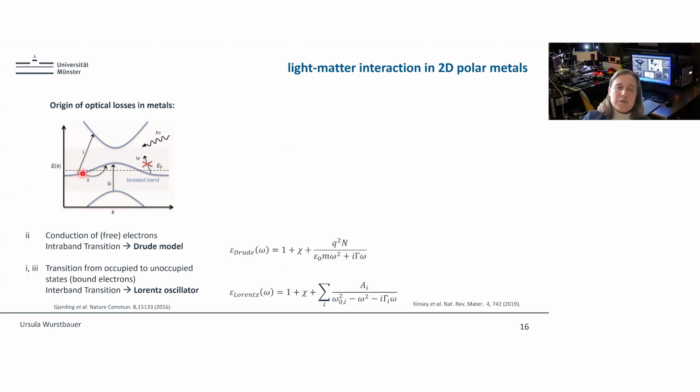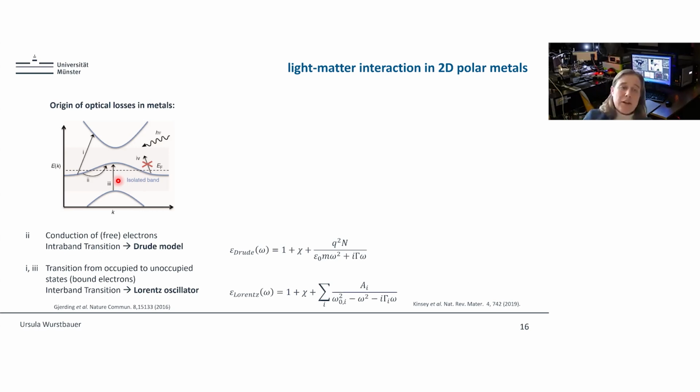One is the so-called free electron intraband transitions: if the Fermi level cuts the band, we can have intraband excitations of charge carriers across the Fermi energy to a higher state, and this contribution to the light-matter interaction is described by the Drude model.